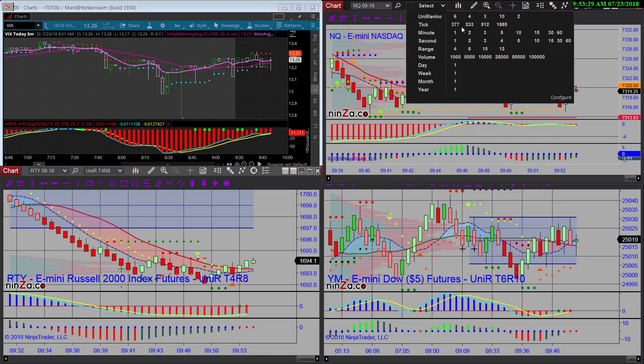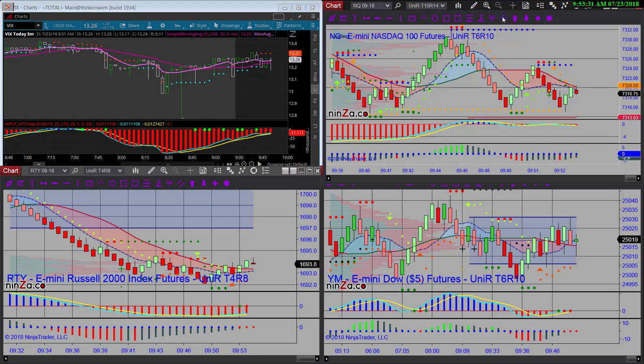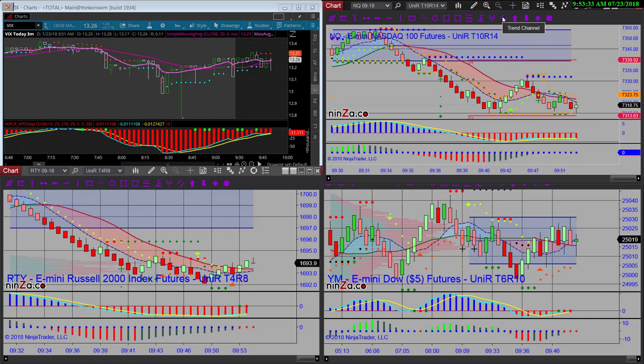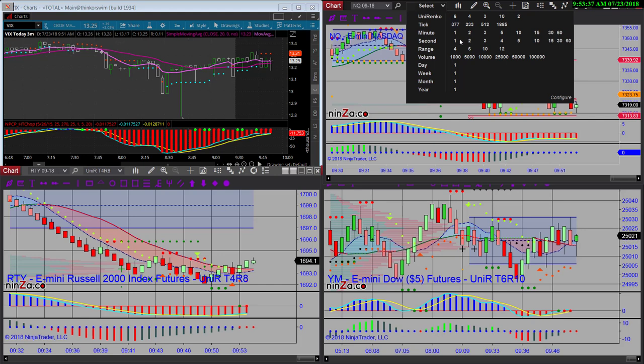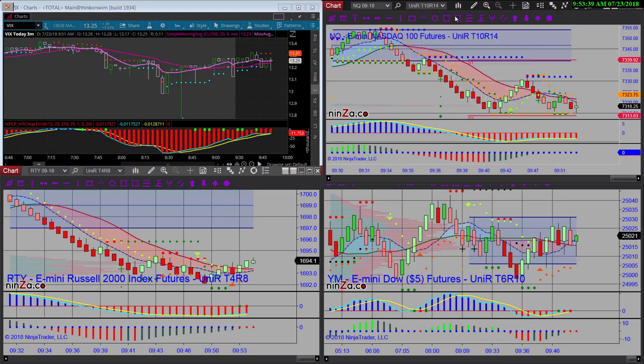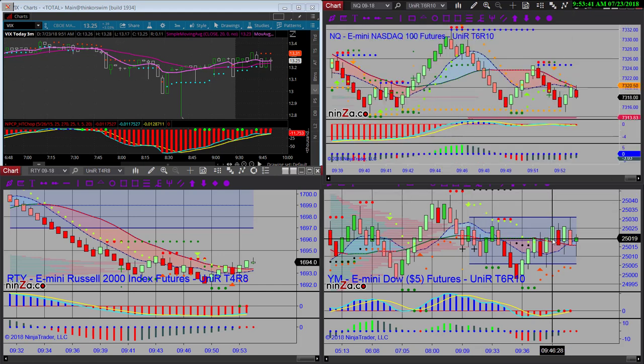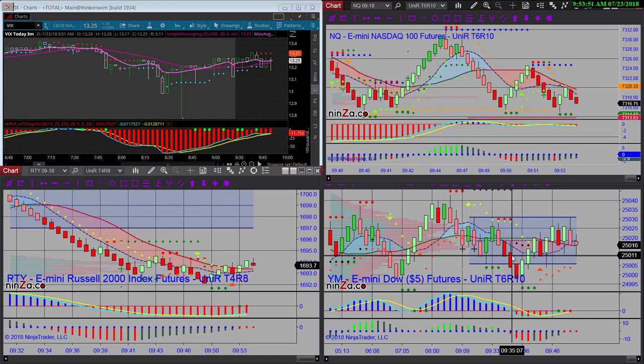Let's see what a 10 does here, to stay with the smaller time frame. We're still chopping in both the Russell and the Dow. Boy, this Nasdaq is kind of giving me the idea that it wants to break lower. All right.